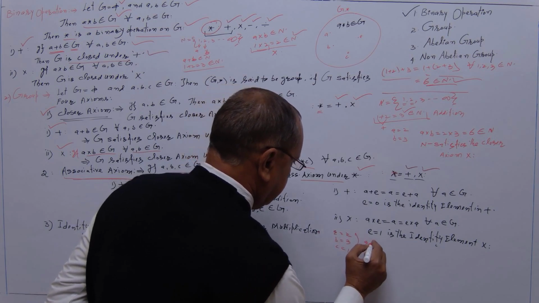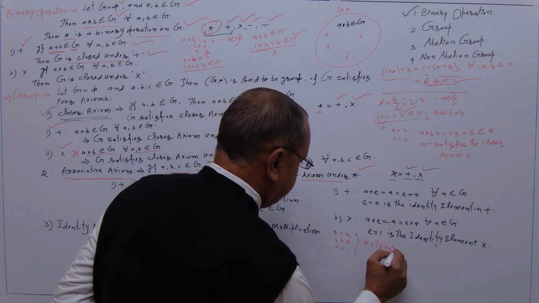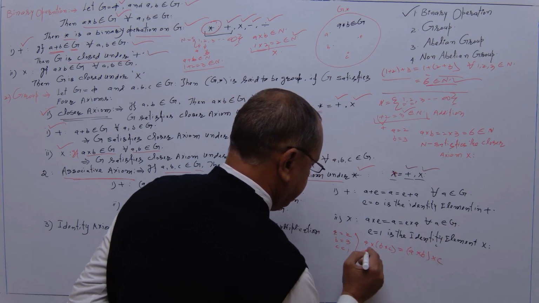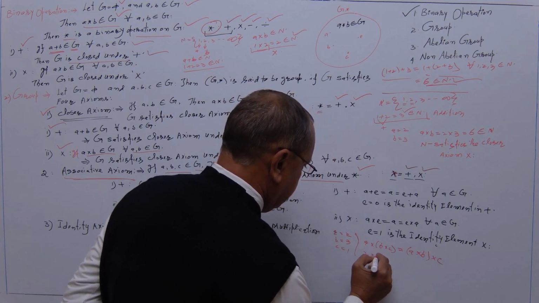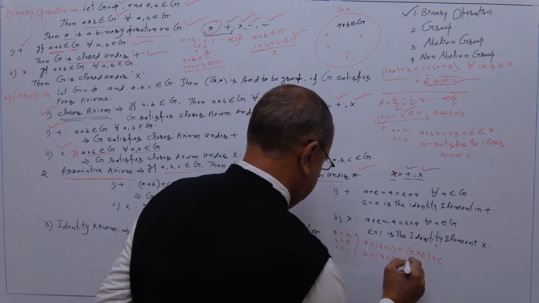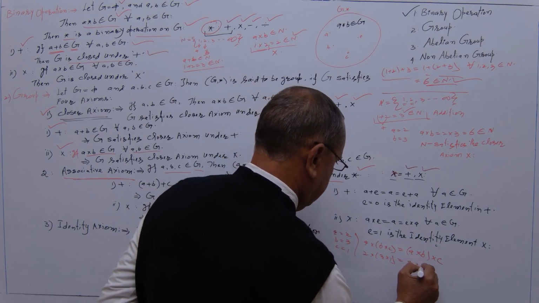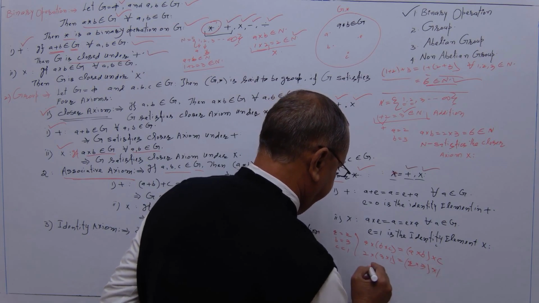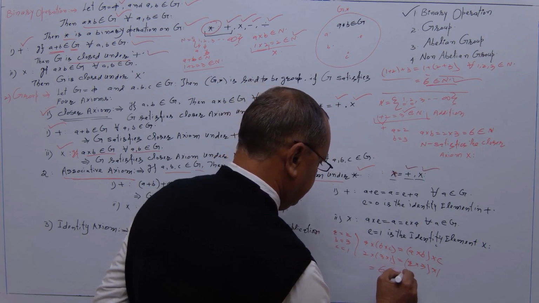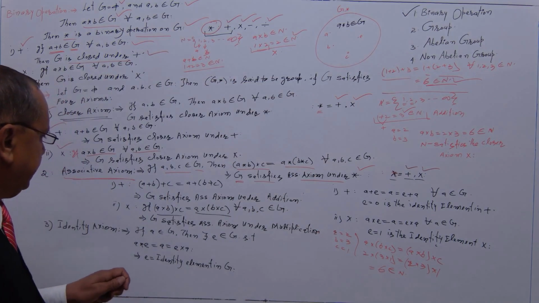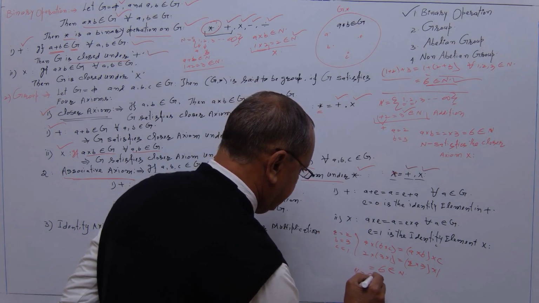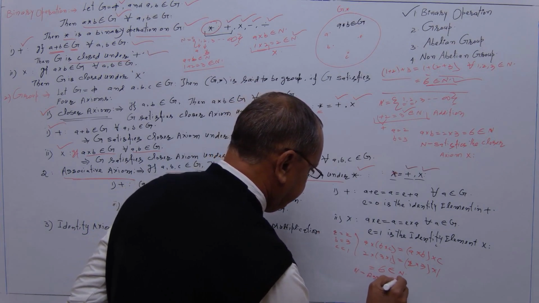Then a cross b cross c must be equal to a cross b cross c. So 2 cross 3 cross 1 is equal to 2 cross 3 cross 1. In both cases the result is 6 and 6 also belongs to natural numbers N. So this natural number set N satisfies the associative axiom under multiplication.